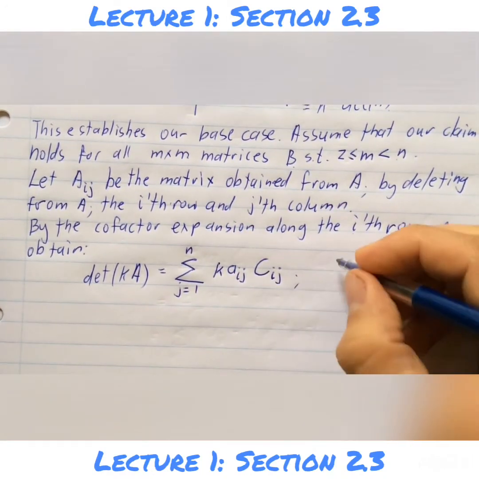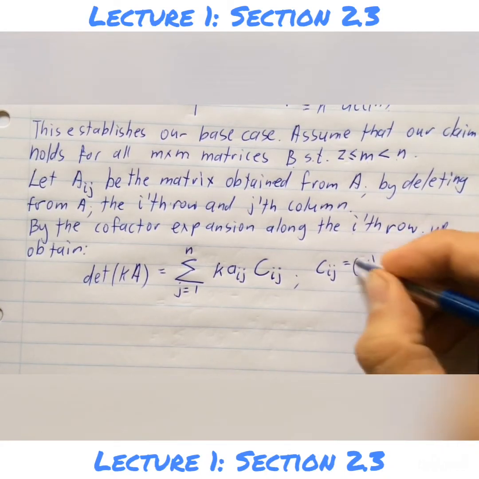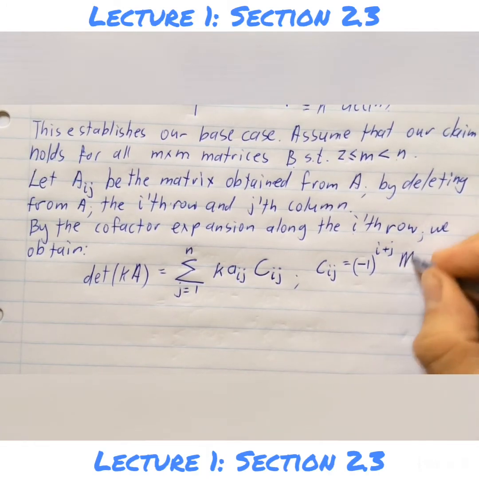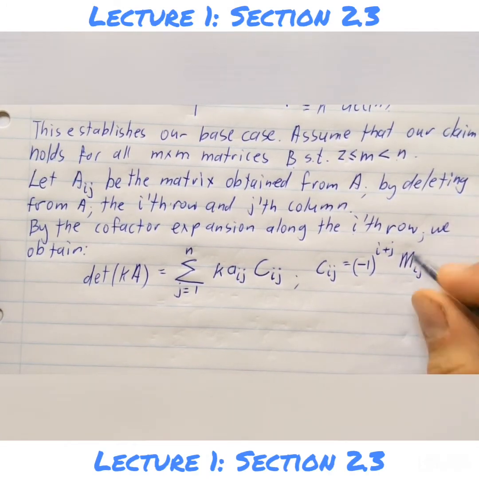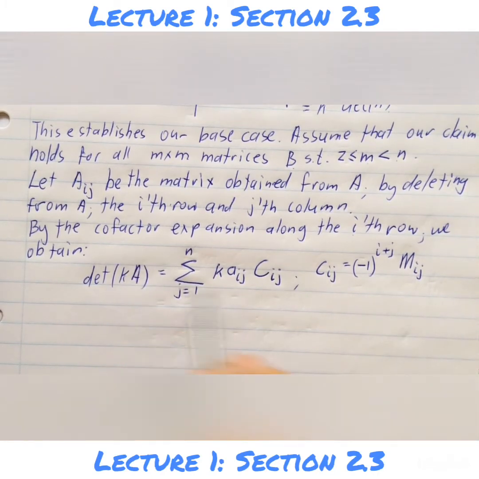The cofactor is the sign multiplied by the minor, and the minor is the determinant of the matrix obtained by deleting the ith row and jth column.